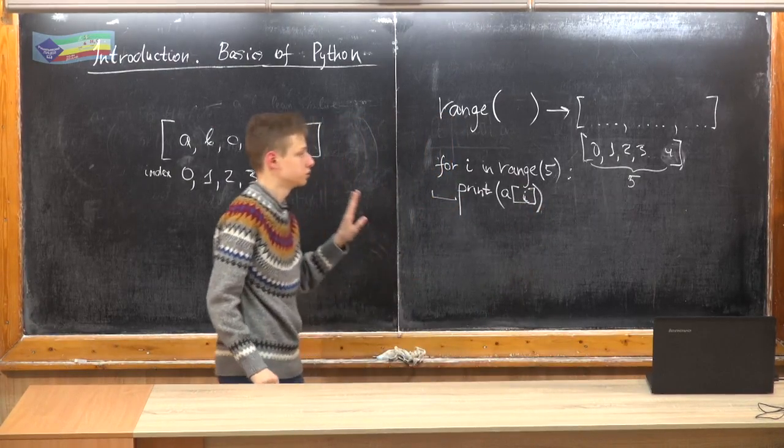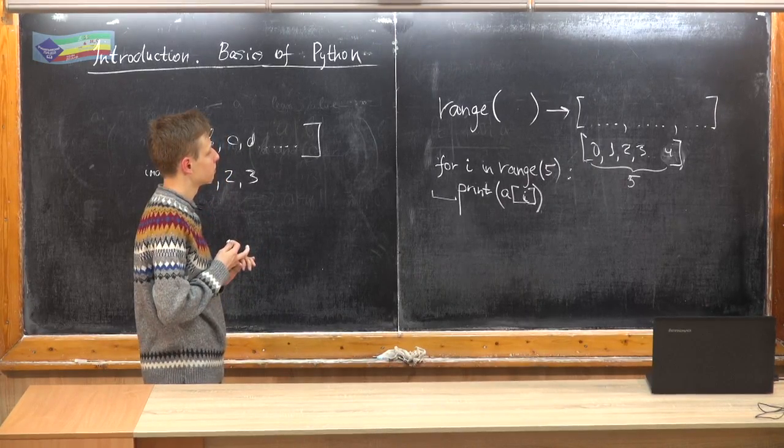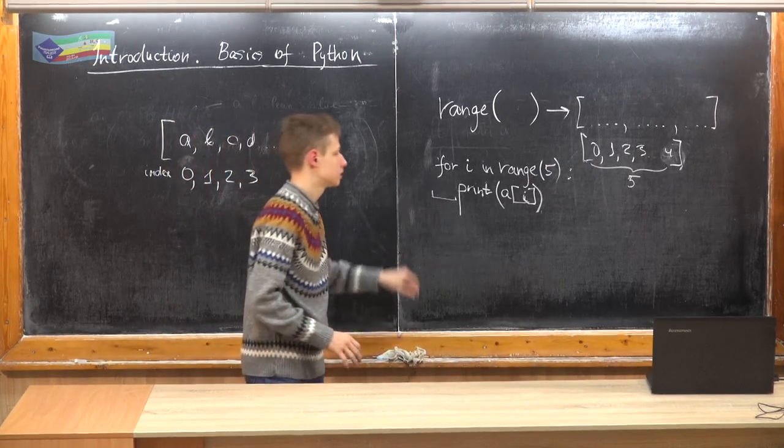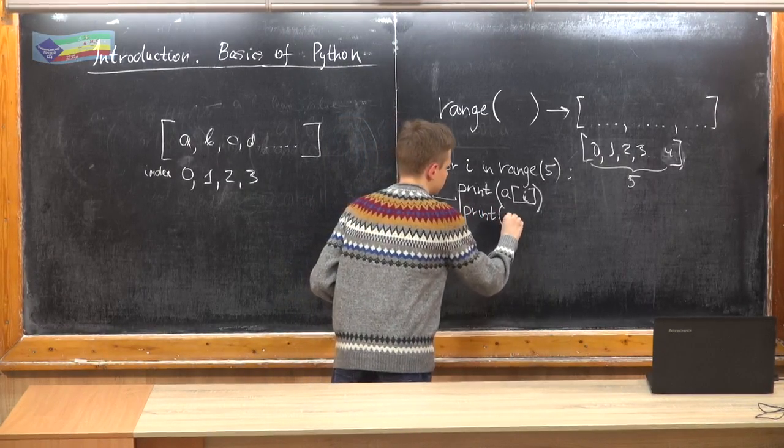Now this code will do the same as the previous code did, but we can now get the index. So we can then print our index e.